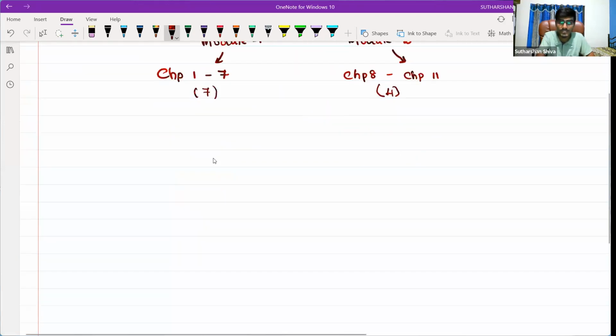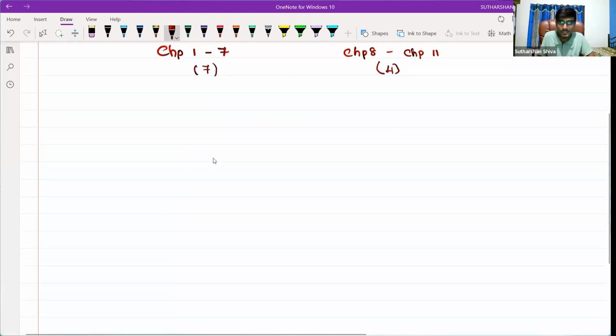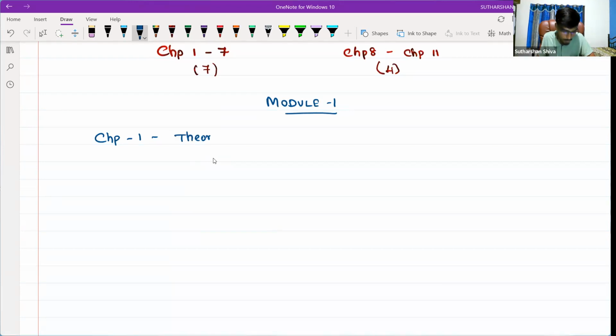Yes. Next. First, let us discuss what is given in Module 1. In Module 1, we will name the first chapter Theoretical Framework. Chapter number 1 is the theoretical framework.